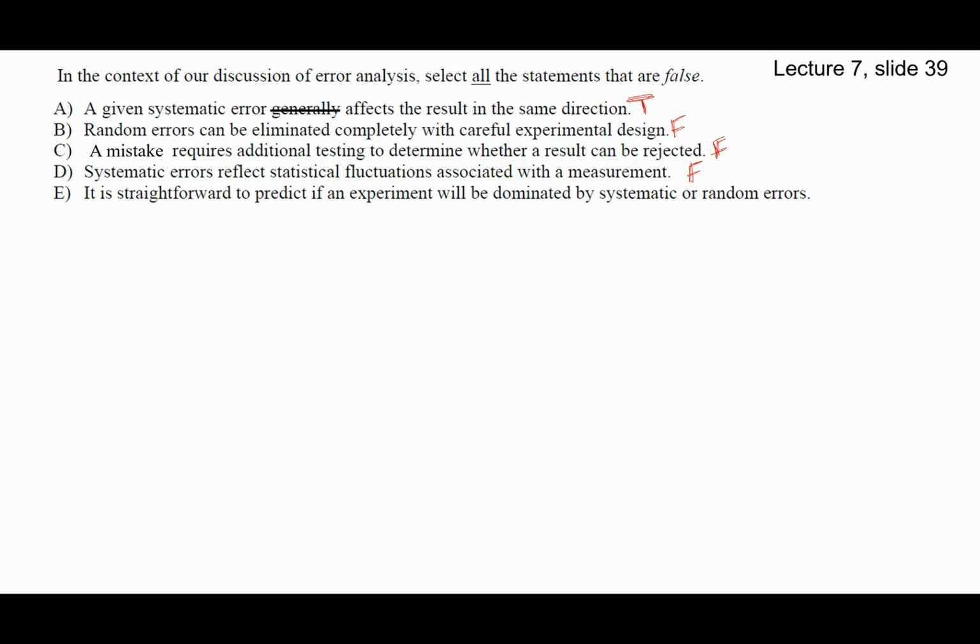It's straightforward to predict if an experiment will be dominated by systematic or random errors. Oh, you guys have done the experiments now. You know as well as I do, you never know what you're going to get. It's very hard to predict anything. So through all of these, the false statements would be B, C, D, and E.